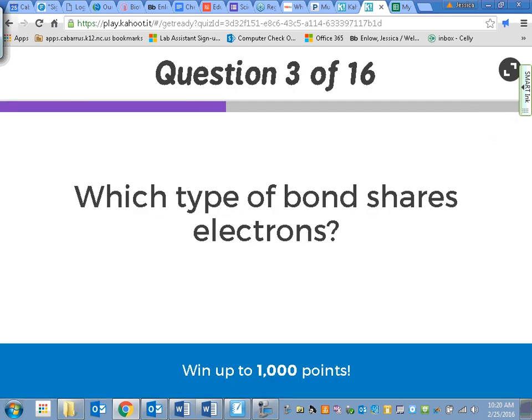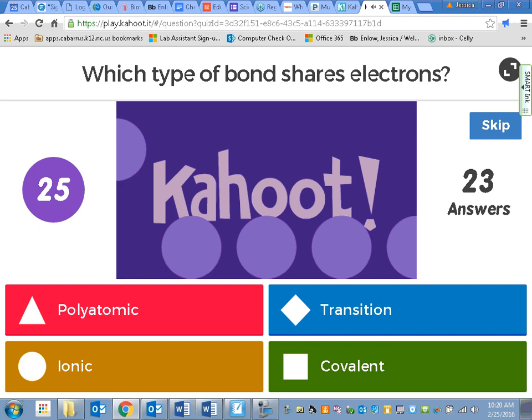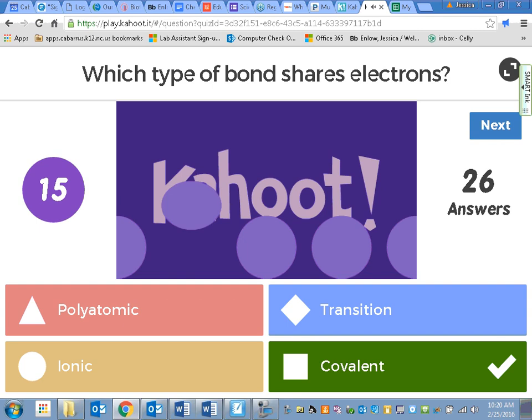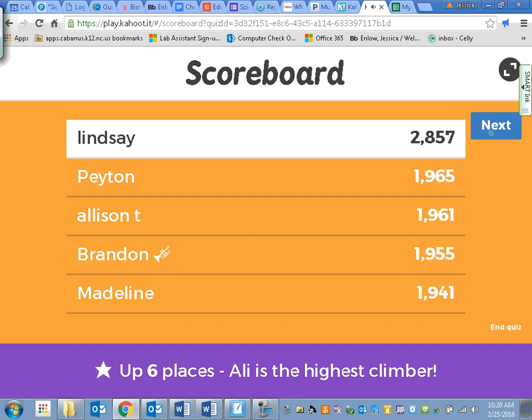Which types of bonds share electrons? Nice. Keep it rolling. Last one. Okay. Come easy. Okay, so far so good. Look at your notes.